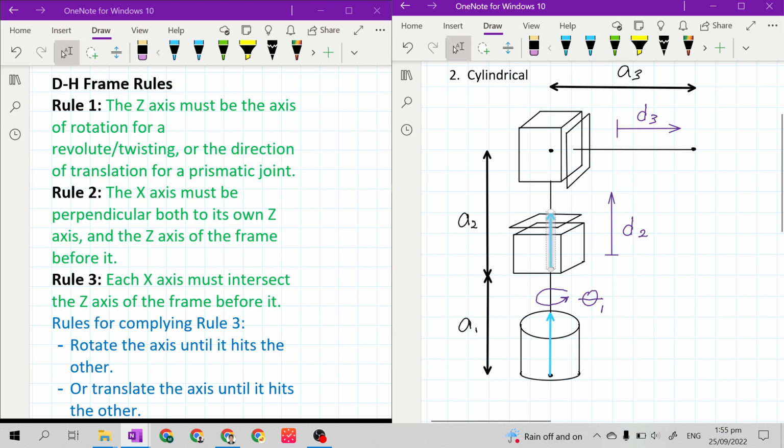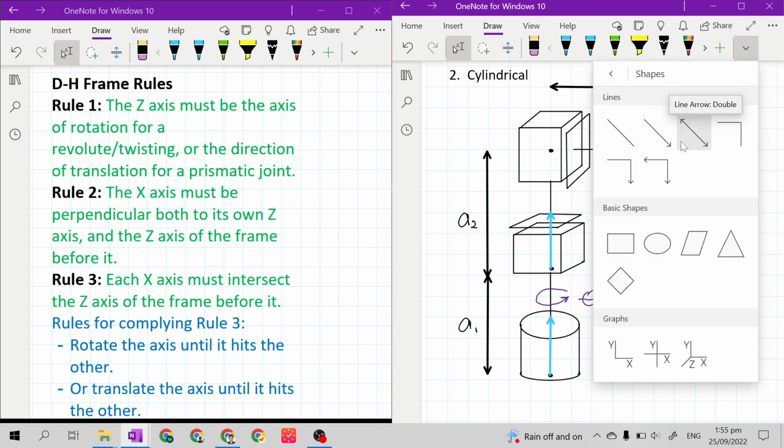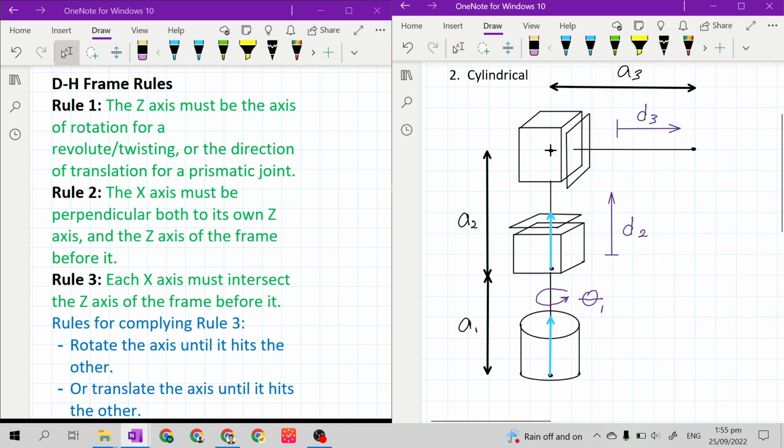Next, for our third joint, the direction of translation, because it's a prismatic, based on the projected square, is to the right side.